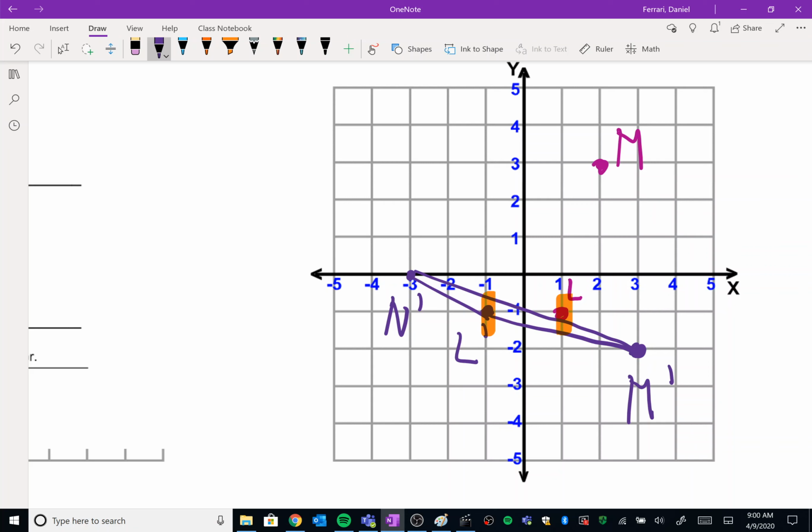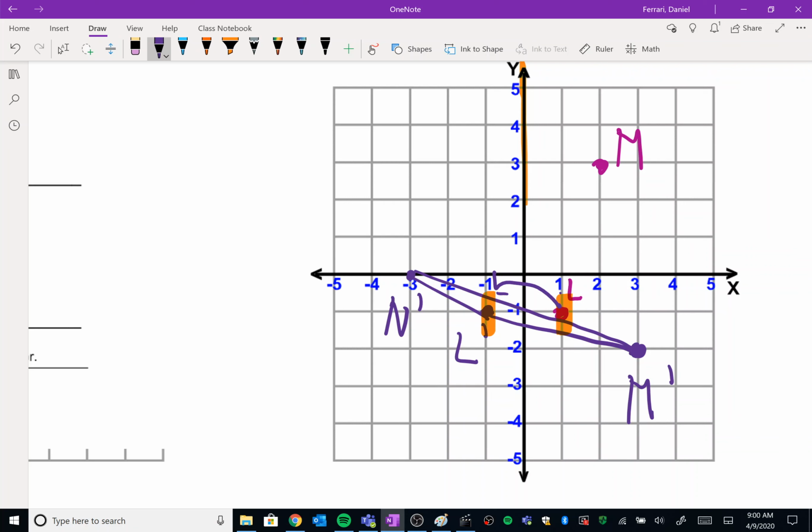For example, I could move L to L prime as a translation. I could take L and move it 2 units to the left, and that would give me L prime. That would be a case of a translation. I could also reflect it over the y-axis, and that would cause L to flip and make L prime.